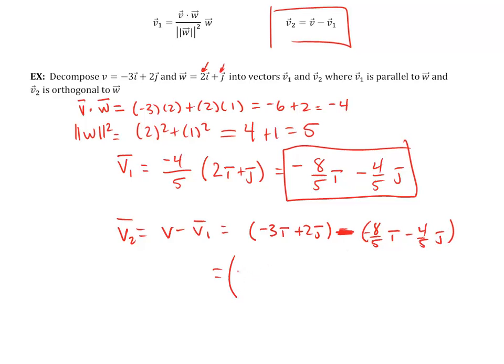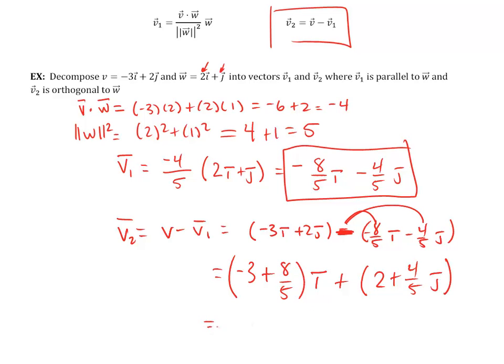That's negative 3 plus 8/5 times the i plus a 2, and then minus times a minus makes plus 4/5 j. Negative 3 is negative 15 over 5, so that gives me a 7/5 i, and this is going to be 10 over 5, so it gives me plus 14/5 j.